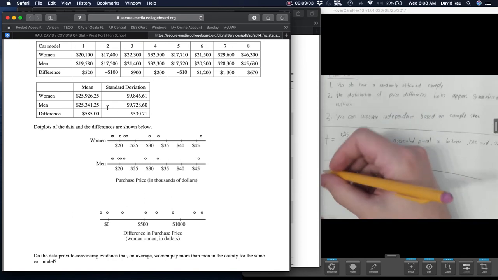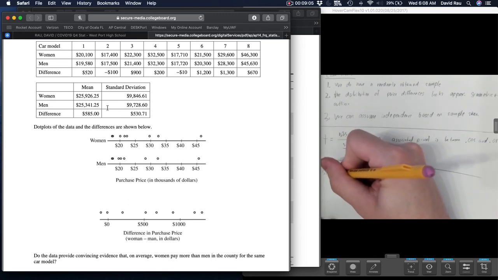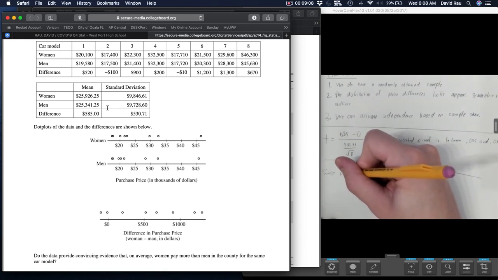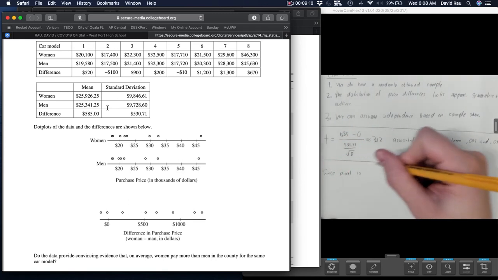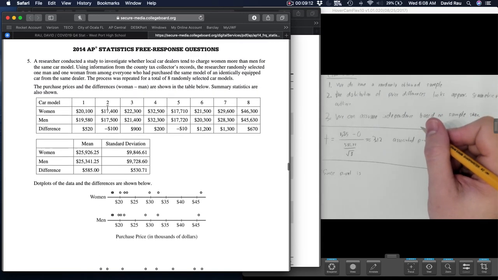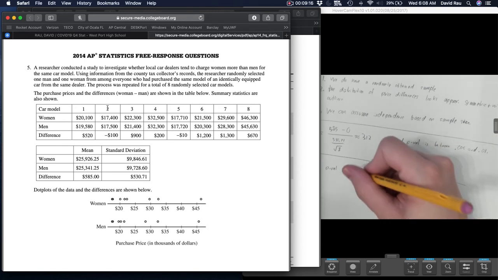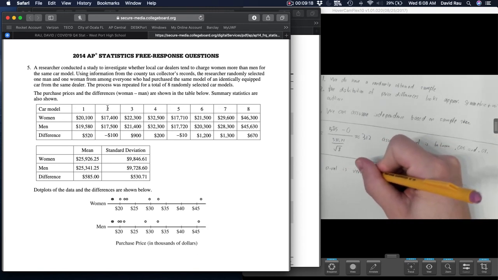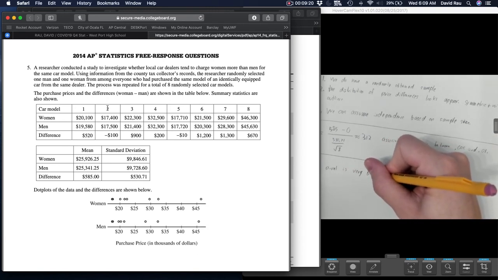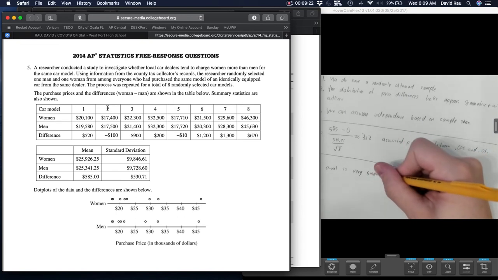So how do you conclude? Since the p-value is very small. Now we don't want to say that.